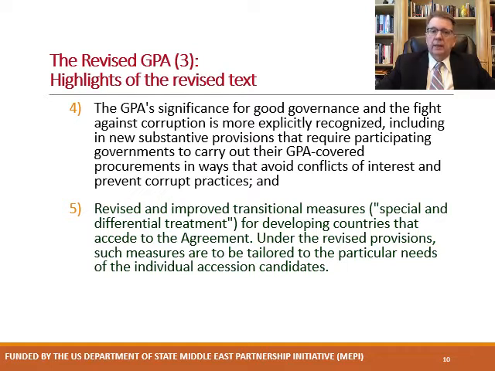And these new substantive provisions are backed up and reinforced by new language in the preamble to the agreement, which specifically refers to the United Nations Convention Against Corruption and manifests the importance that the parties attach to the GPA as an instrument of good governance.